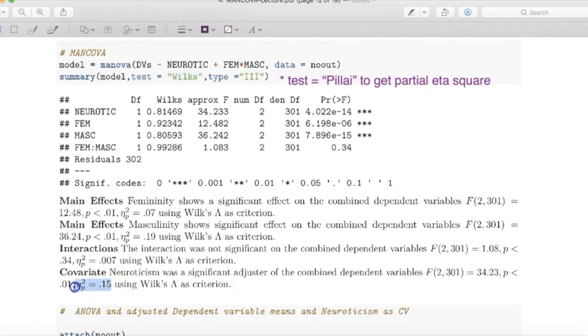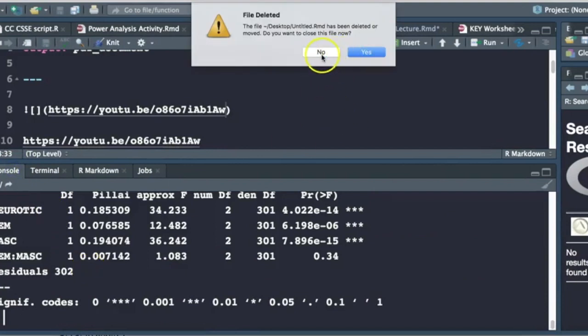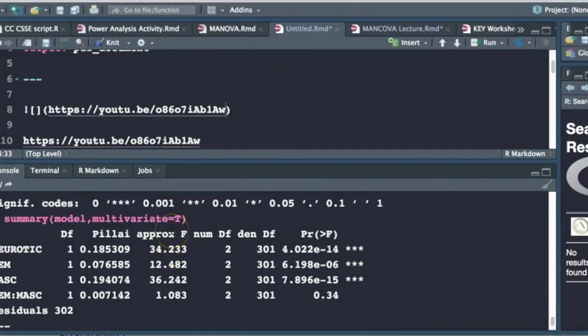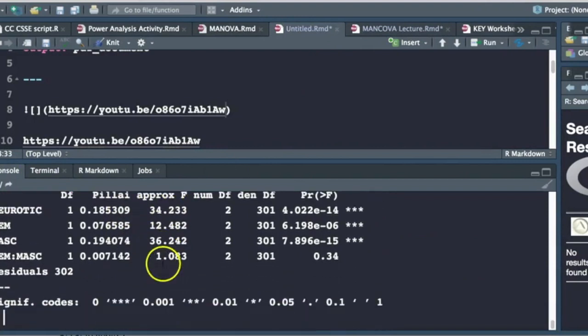I also have the partial eta square, and you're not going to have it here. However, if you change this option to test equals pillai, I'll take you to my, oops, no, I don't want it. I went ahead and asked for, you can do multivariate equals t, that's one way. Or you could do this option, which is a summary.